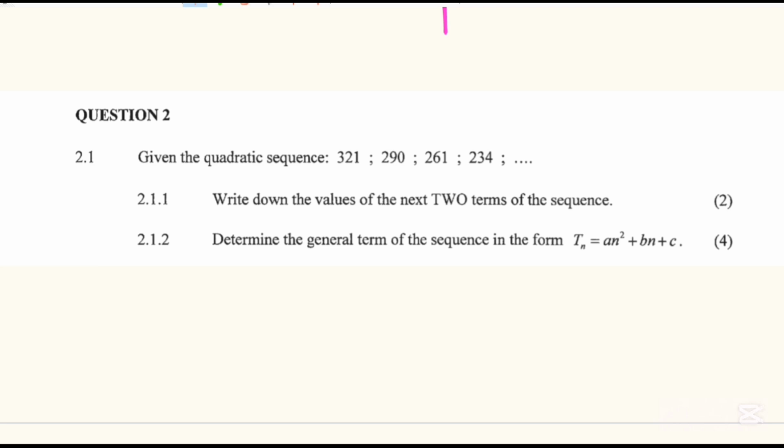2.1.2, we determine the general term of the sequence in the form Tn is equal to a multiplied by n squared plus bn plus c.